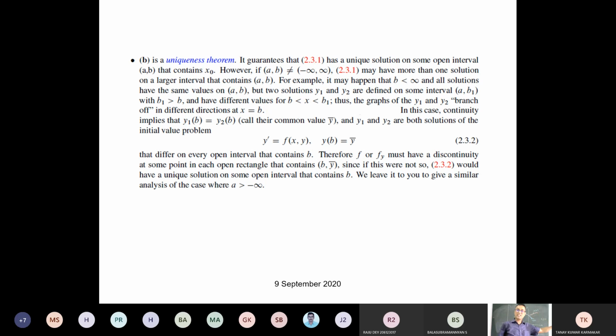Are you getting that? Whatever is written there, is it clear? Yes, sir. Right? That is what they are talking about. So this is the situation.